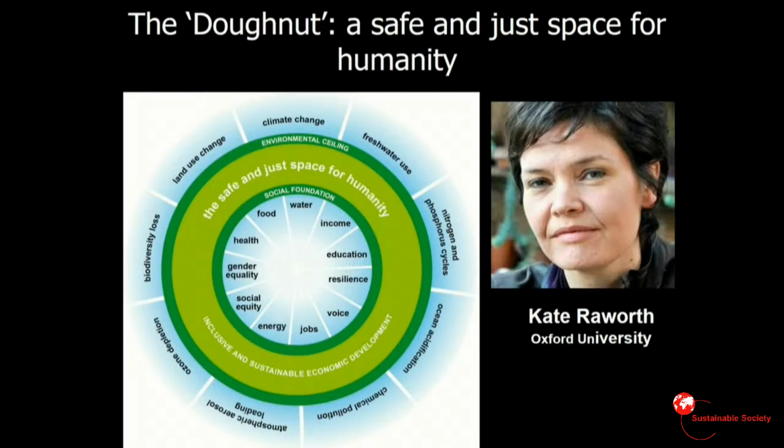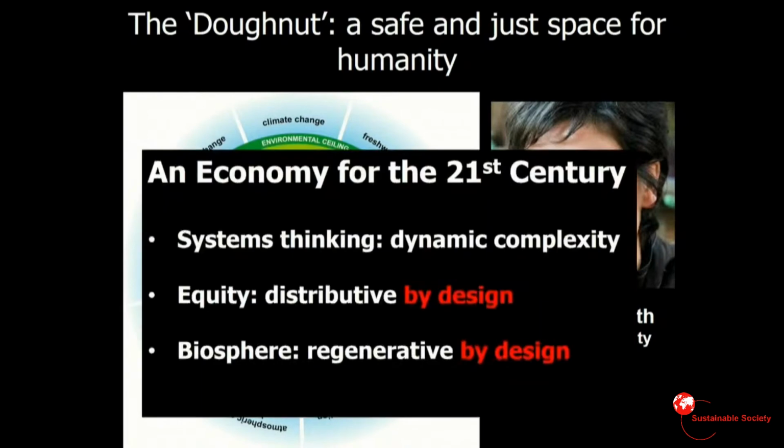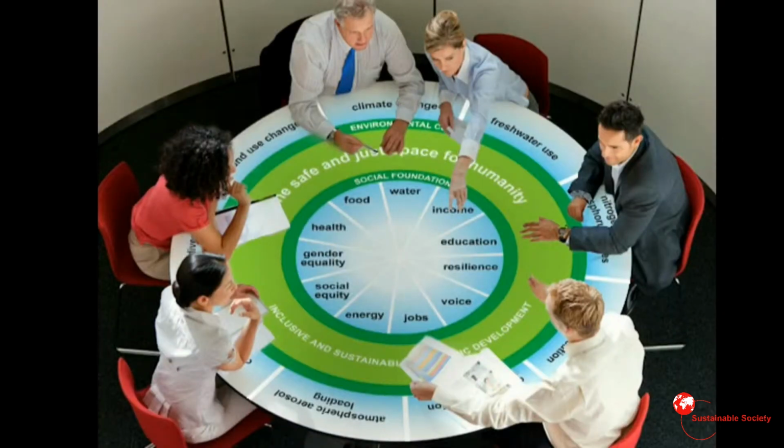And the biosphere, we need to become regenerative by design. Right now, we're exploitative by design. So those are some of the things that we need to do. Sorry, next slide, I should have said. She's put those 3 up there. You can read them now. Okay, let's go on then.